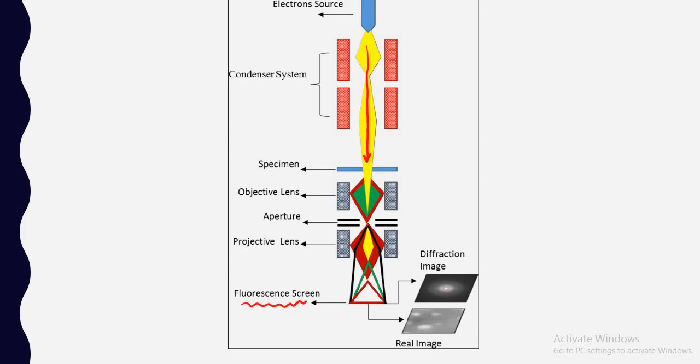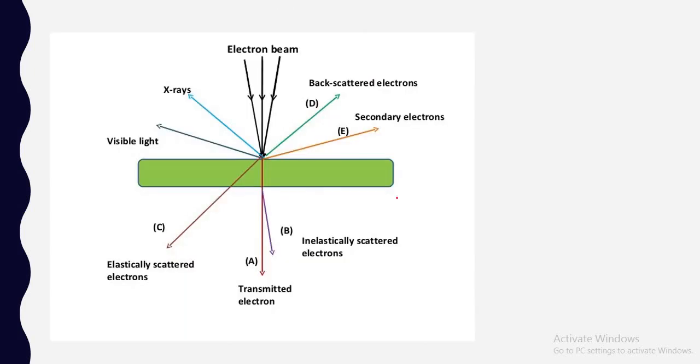Basically, what happens in this transmission electron microscope is that the electrons get transmitted through the specimen. I'll tell you how. If you see this diagram, imagine this is the electron beam, and this is our specimen.